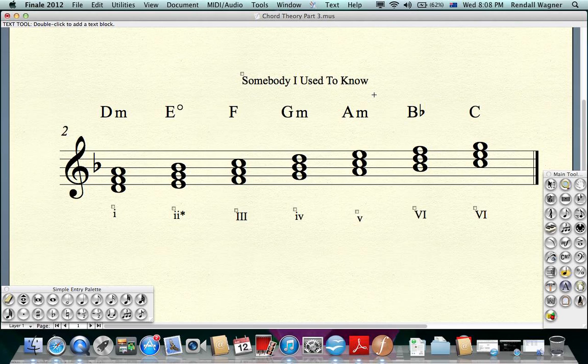Okay, so Somebody I Used to Know uses 3 chords in the whole song. That's all it uses. And those 3 chords are chord 1, chord 7, I'm missing an I off there, and chord 6.